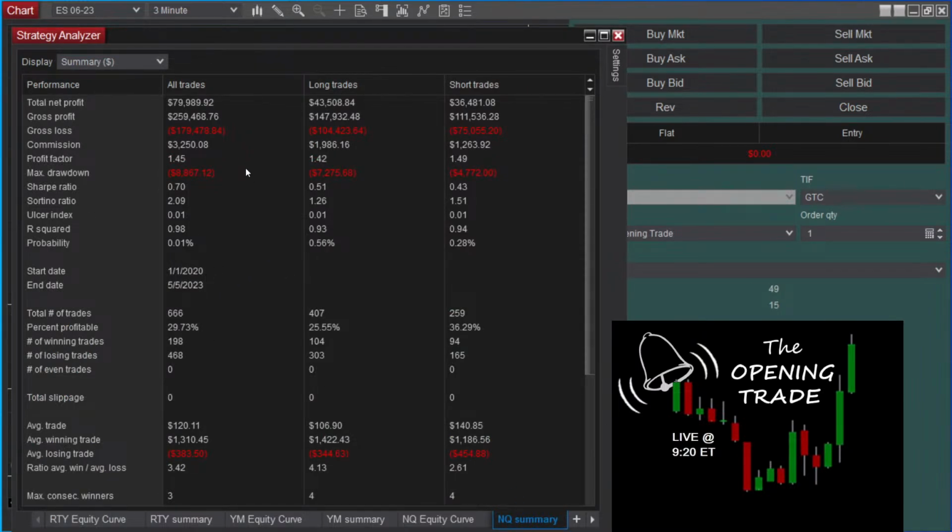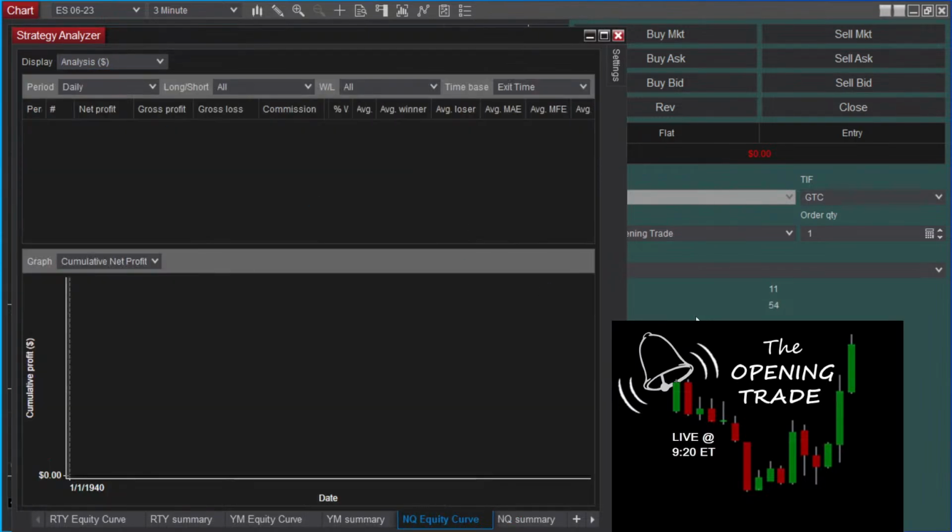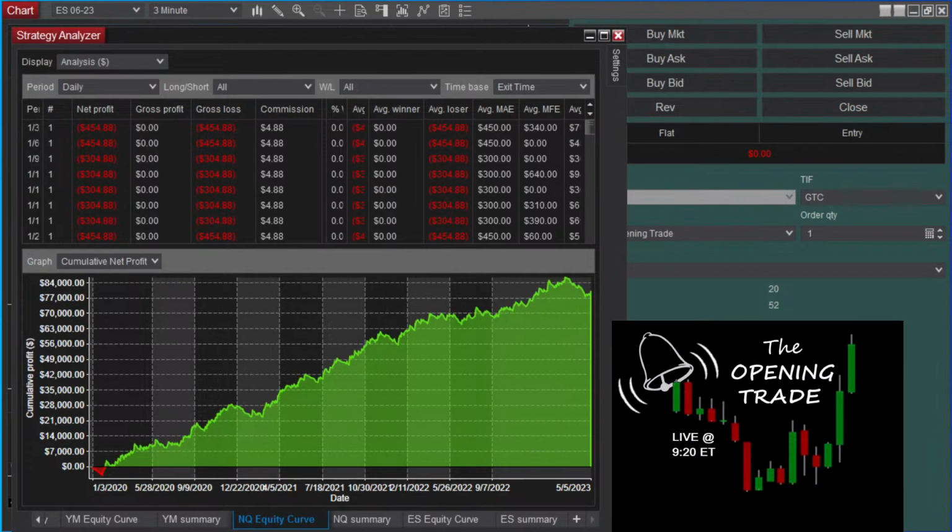Here is the start and end date, max drawdown, the gross loss, and the total net profit. And then let's take a look at that equity curve. It's just going to take a moment. And there it is. And that fires 2 minutes after the Russell as long as the automated trade indicator has been met.